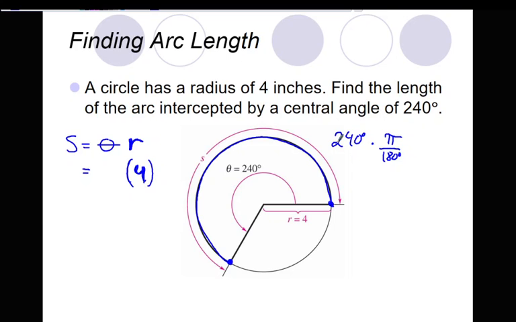This is going to switch my angle from degrees to radians. Degrees divides out with degrees. So we end up with 240 pi over 180. Divide both by 10, which gives us 24 over 18. Then both of those are divisible by 6, which gives us 4 pi over 3. So that is our theta in radians. So we just plug it in: 4 pi over 3.